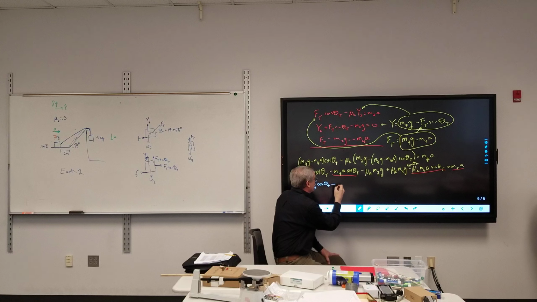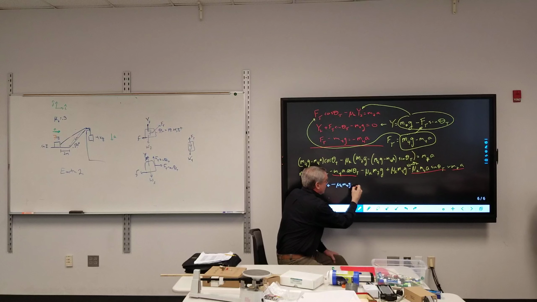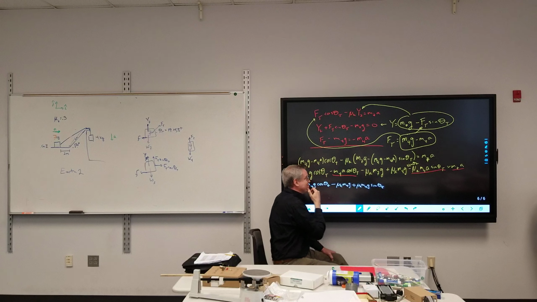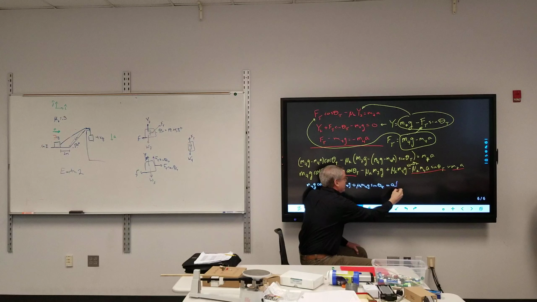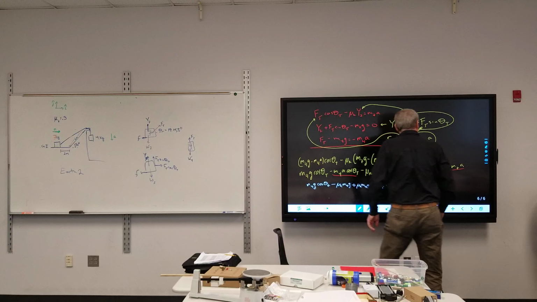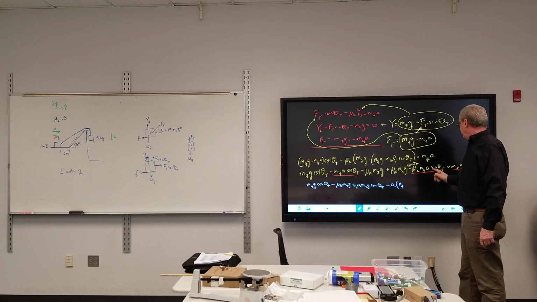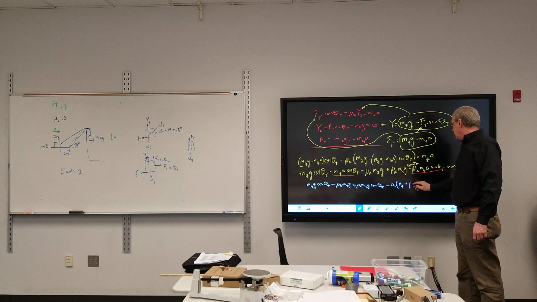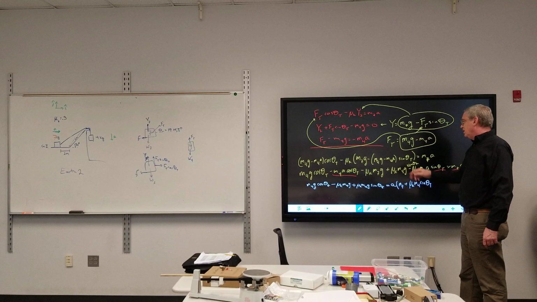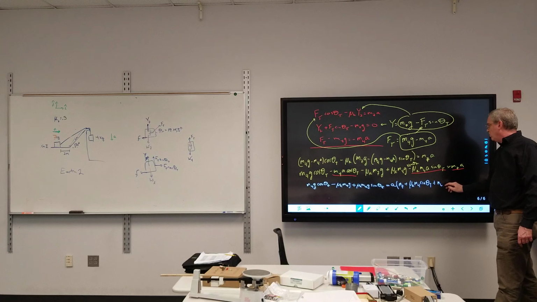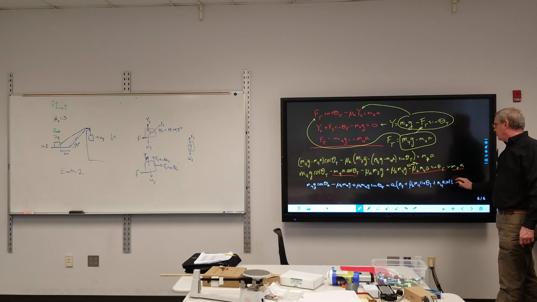Let me take all that minus UK M7G, we know all of that, plus UK M4G sine theta t equals, and then all the rest of the terms have acceleration in them. So I've got an M7, and then I've got a plus UK M4 sine theta t, plus M4A cosine theta t.